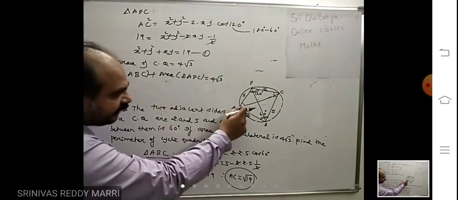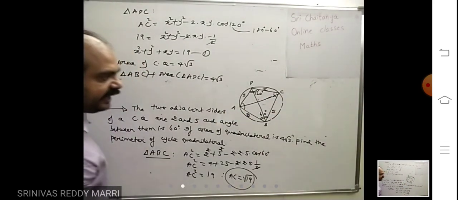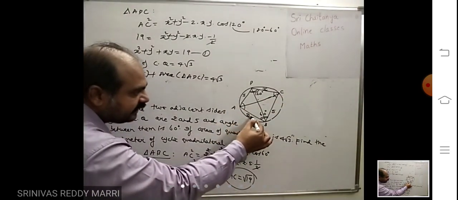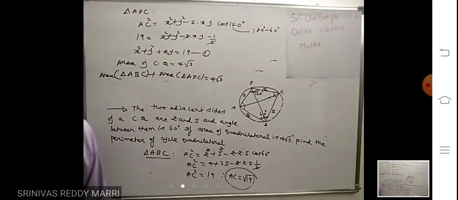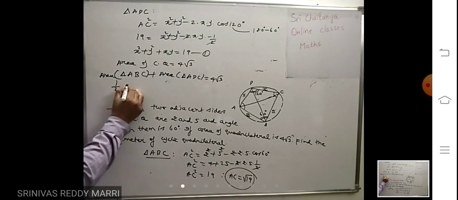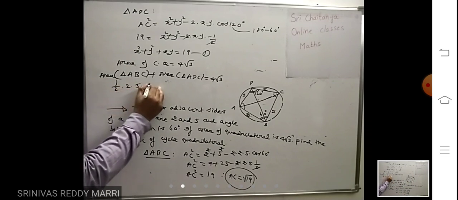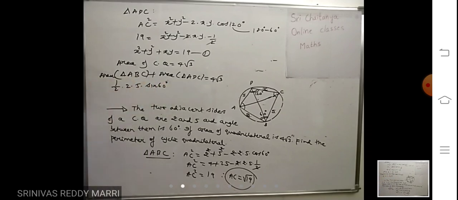So now I will calculate the area of triangle ABC. In triangle ABC, you know these sides and the included angle. So what is the formula? If you know two sides and the included angle, half into the product of the sides, 2 into 5, into sine 60.